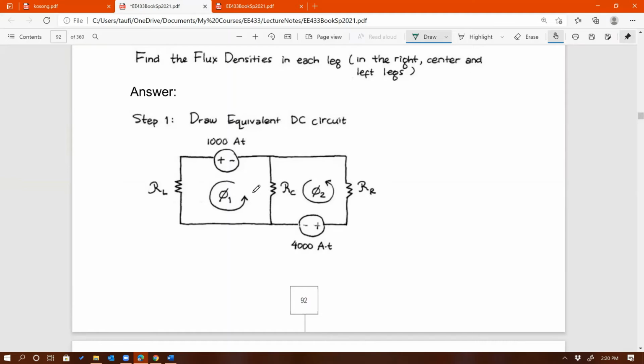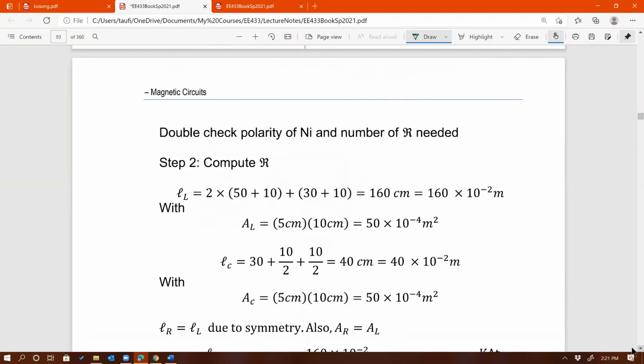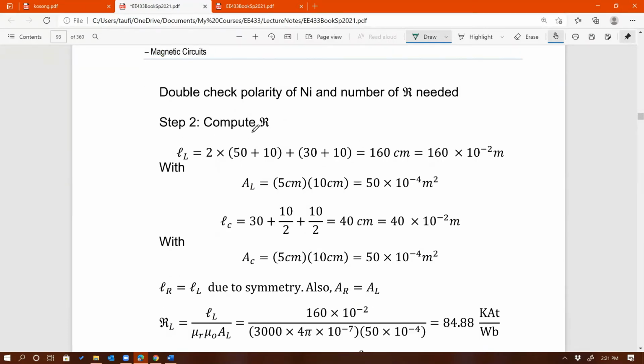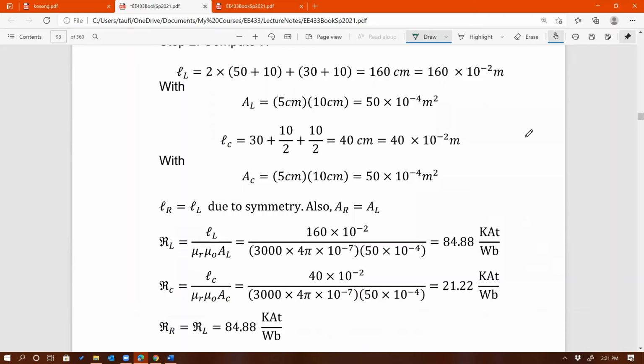Well, as you learn from circuits class, it doesn't have to be, right? You can do clockwise, whatever it is. At the end, you're going to get the same answer. All right. Step number 2, compute the reluctances. Right. I won't go through this because you know by now how to do it, right? Quite tedious, as you can see.